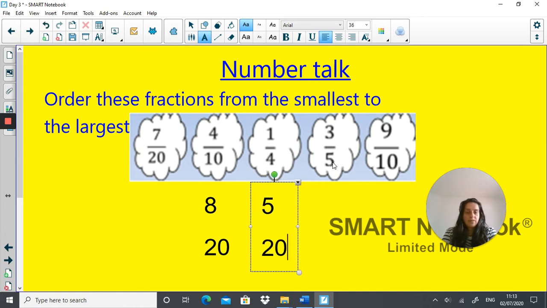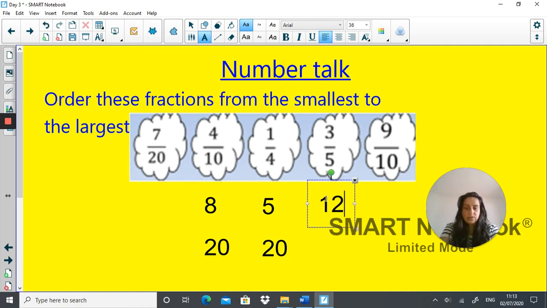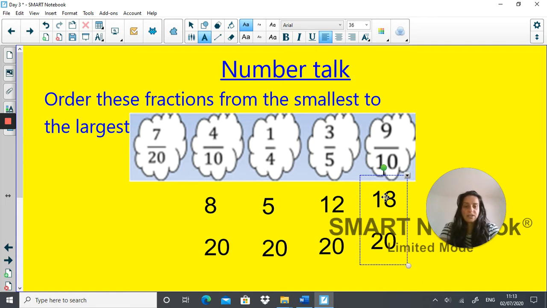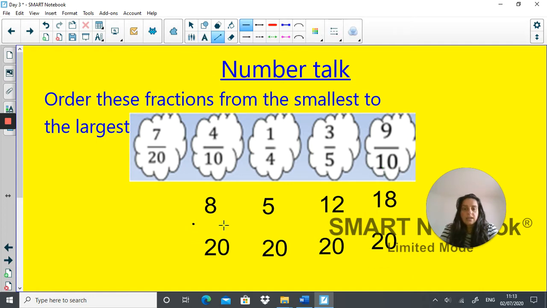5 has to be multiplied by 4 to be 20, so this fraction would be 12 over 20, and 10 has to be multiplied by 2, so this fraction would be 18 over 20, and this fraction is fine as it is. So I need to put them in order.